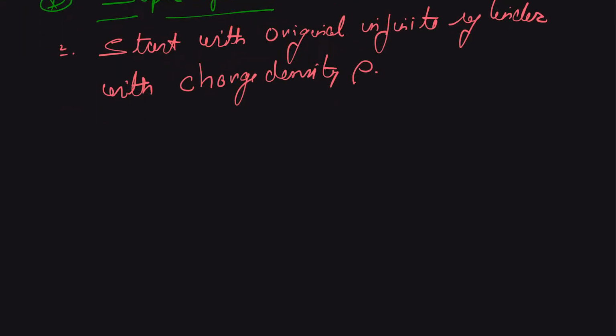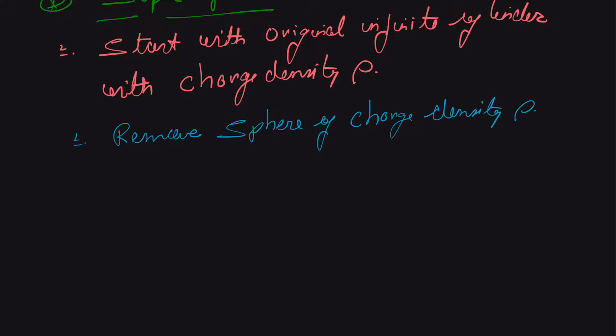And in step number 2 we are going to remove the sphere of charge density rho. Usually we deal with numericals in which there are only 2 steps: we have the original thing and we remove something from that.